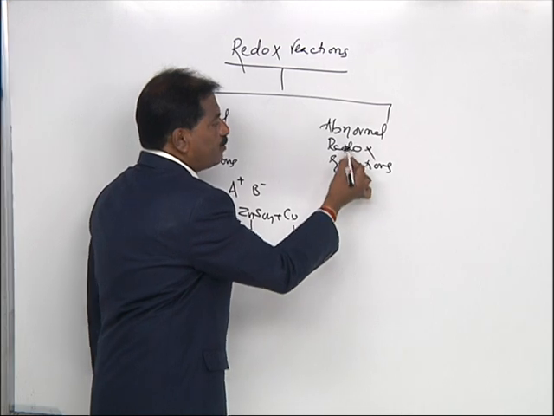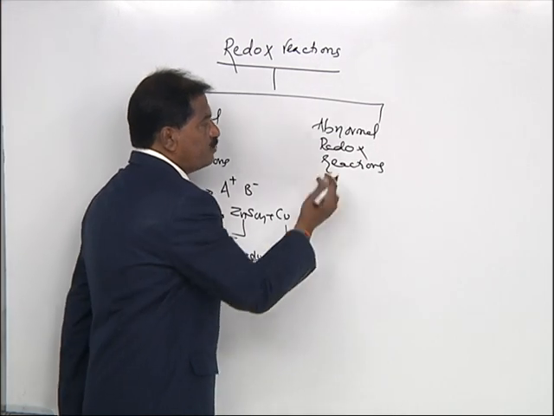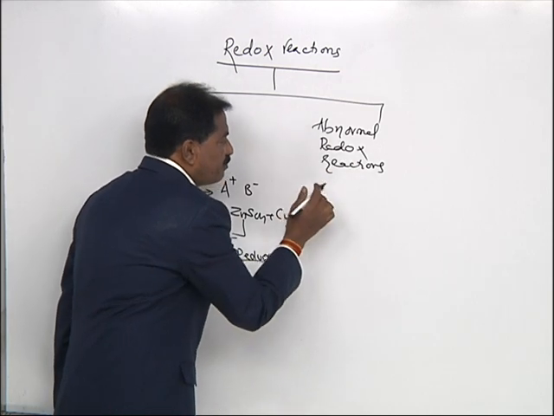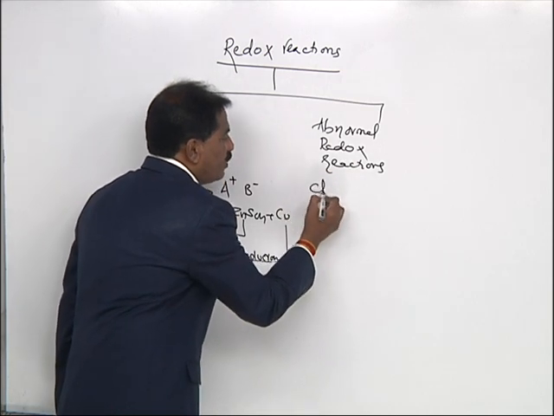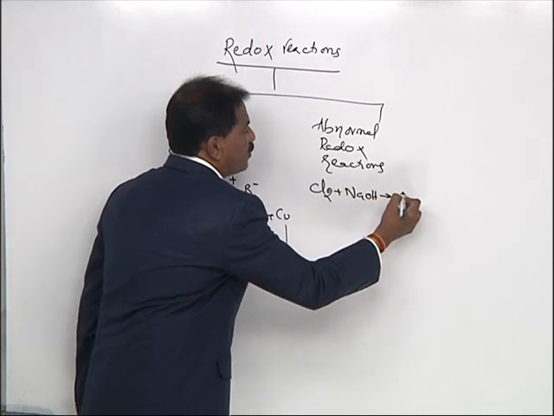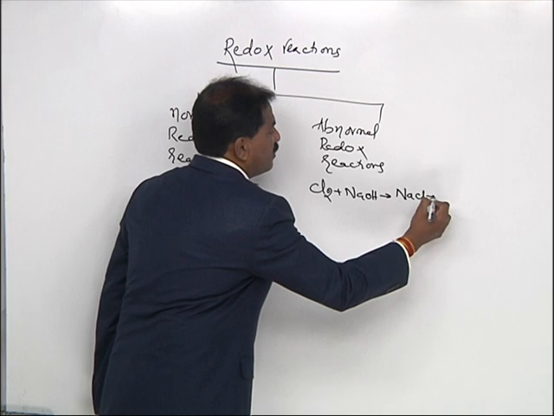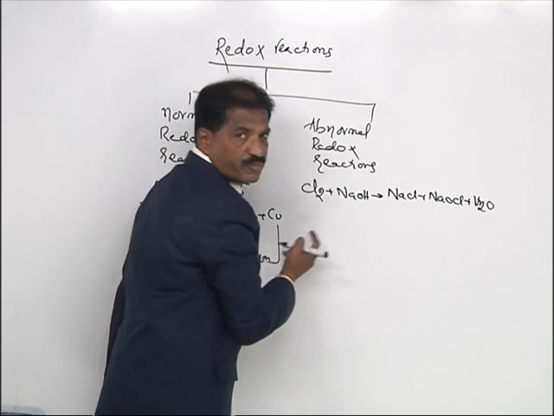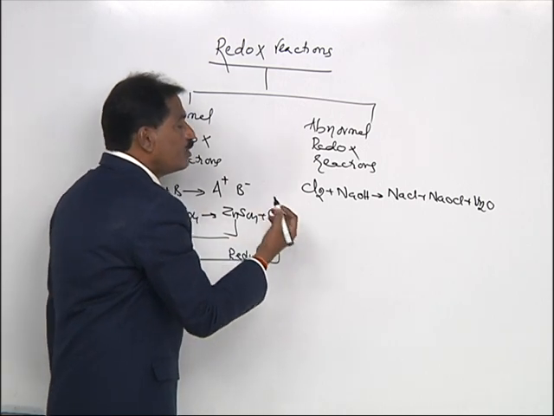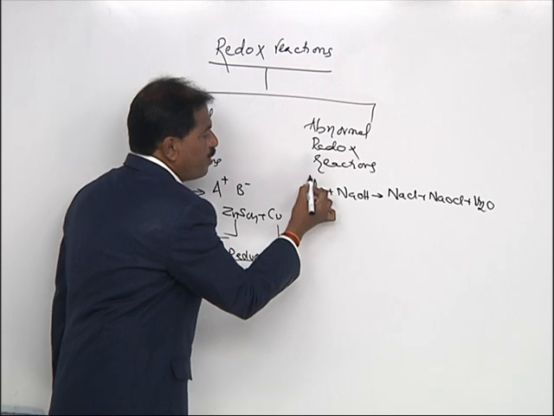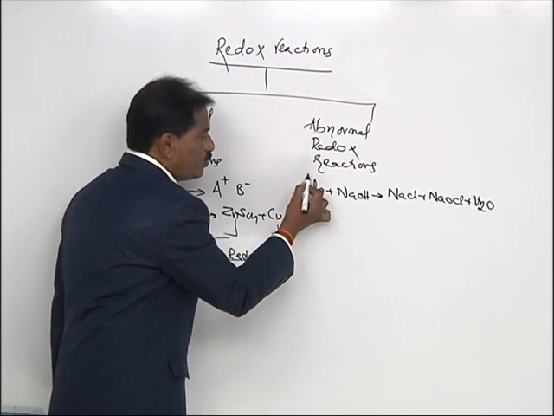Next, abnormal redox reactions. What do you mean by abnormal redox reaction? First, let us observe the simplest example. Chlorine is reacting with the sodium hydroxide and it produces NaCl plus NaOCl plus H2O. Before participation in the reaction, the oxidation state of each chlorine is 0.